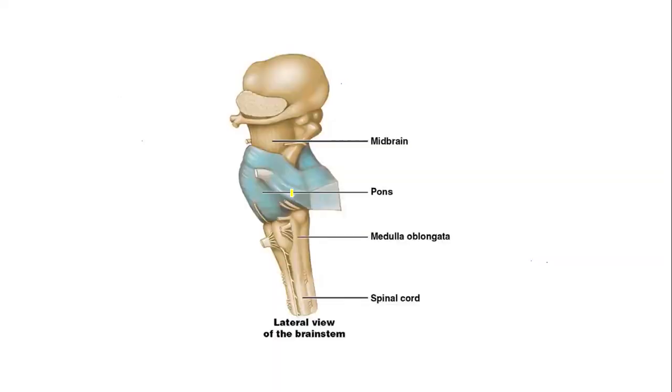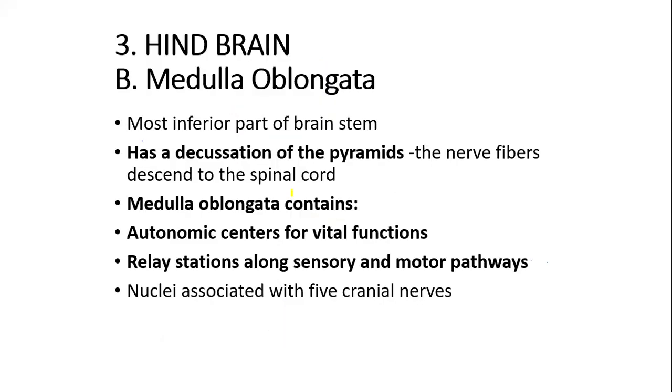So this one is the brainstem. It contains the midbrain, the pons, medulla oblongata, and the spinal cord. So the pons connects the midbrain with the medulla oblongata and also with the cerebellum.